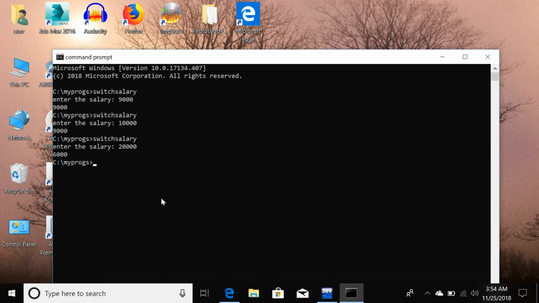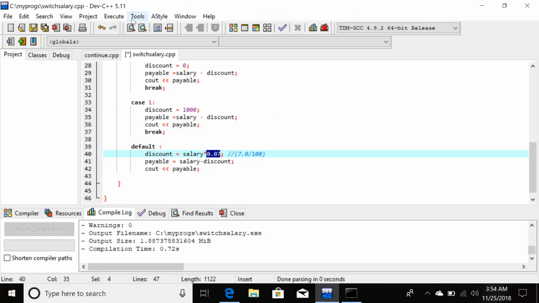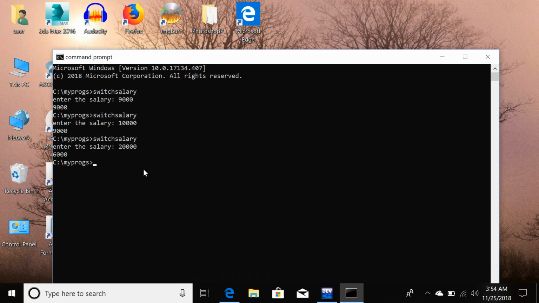Okay, that was again a typo, so we have to compile it again and look for the condition of 20,000. Okay, so now it is not 70%, instead the discount is only 7%.